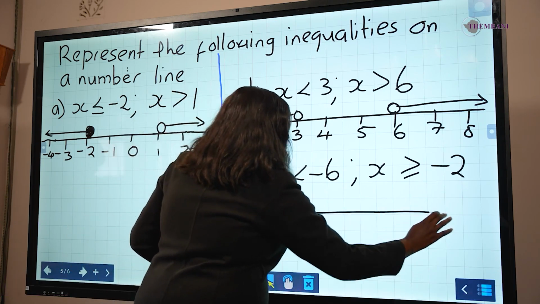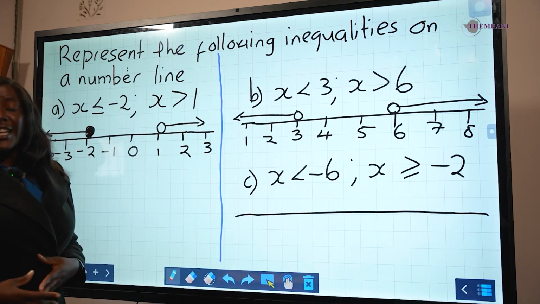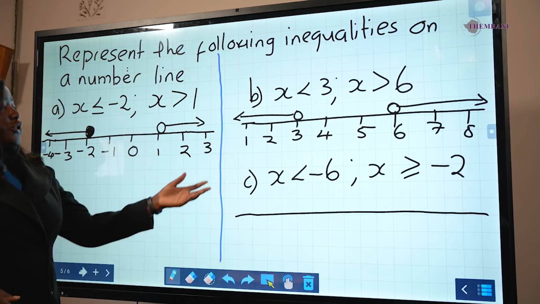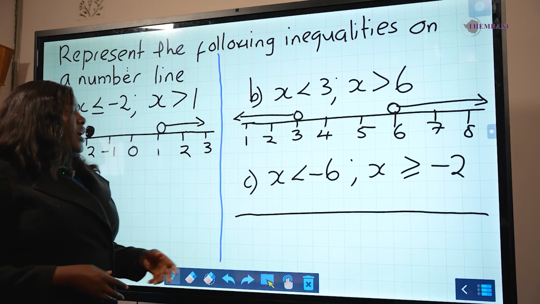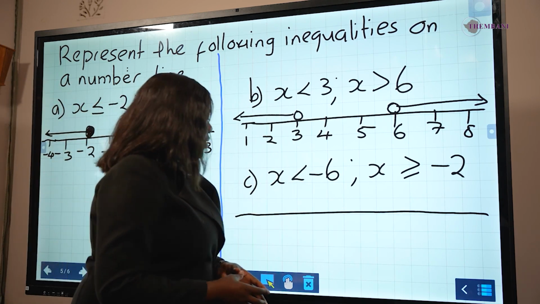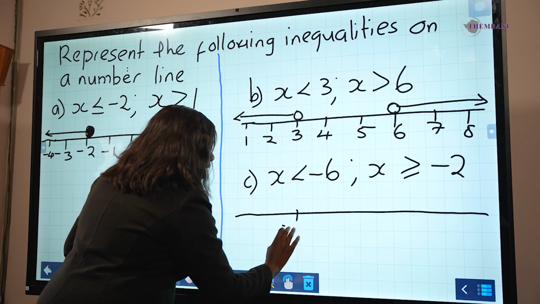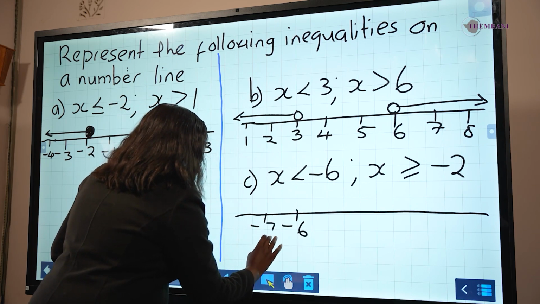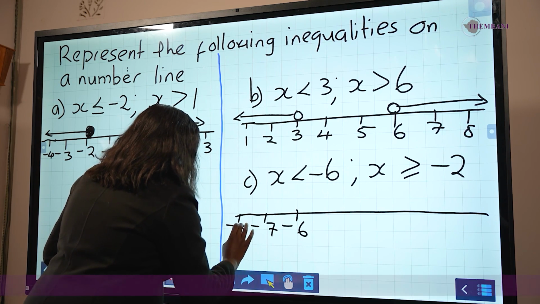So on this one, let's see if you manage to get it correct. Our focus numbers on that one, we have a -6 and we also have a -2. So here I have my -6, here a -7, here a -8.